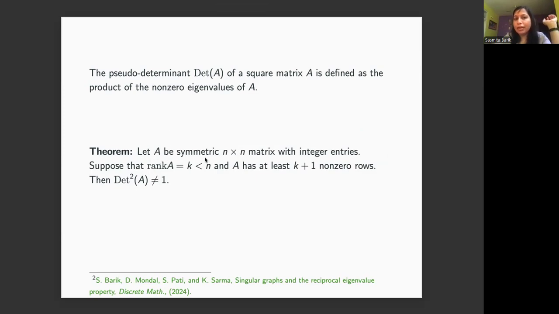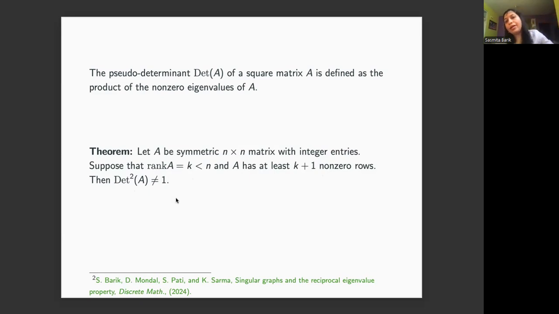We can say that A is a symmetric matrix with integer entries, and the rank of A is k, which is less than n. So the matrix is singular basically, because for the non-singular case this will not happen. For singular, and A has at least k plus 1 non-zero rows, then the determinant or pseudo-determinant of A cannot be plus 1 or minus 1.